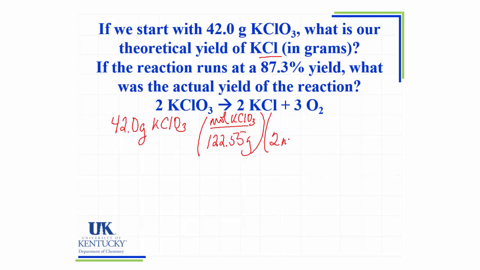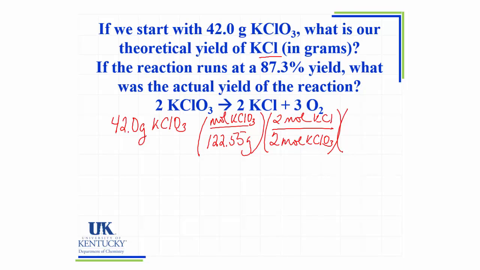We see that we have 2 moles of KClO3 to 2 moles of KCl, because that's the product that we're interested in. And then we can figure out the mass of the KCl that is produced in the reaction by converting from moles of KCl to grams of KCl.